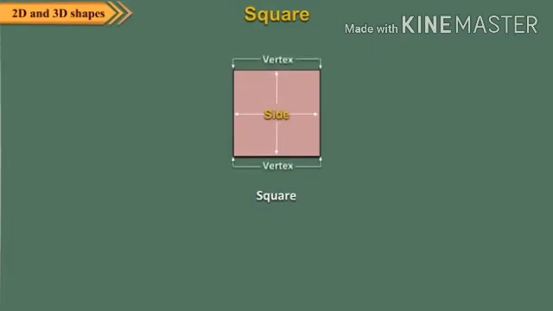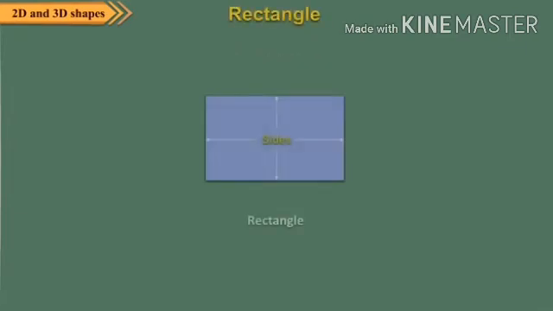Square. A square has 4 sides. All the sides of a square are equal. A square has 4 vertices. Rectangle. A rectangle has 4 sides.